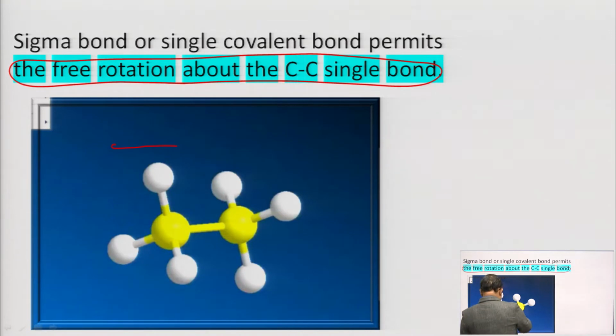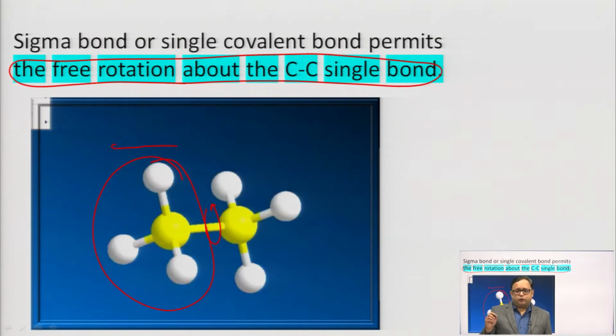Here you can see that this front portion can be rotated easily at this angular axis, and this rotation is possible due to symmetric electron distribution along the internuclear carbon-carbon axis.